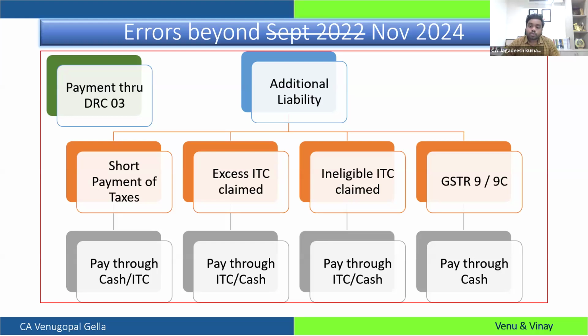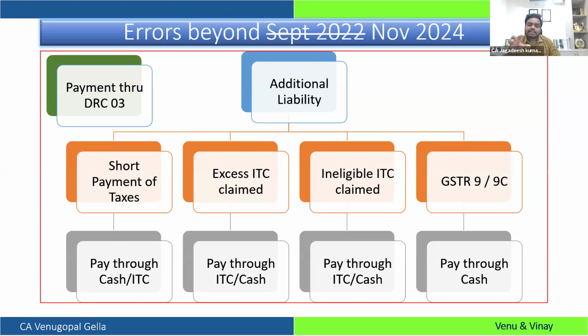Discharge the liability through DRC 03. And the DRC 03 payment should be done only in cash. Why cash? Why not through ITC? Can I avail ITC to pay the DRC 03 liability, the additional liability? The answer is no. Pay it in cash.